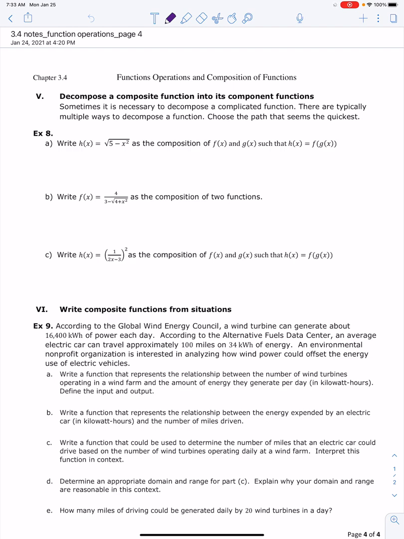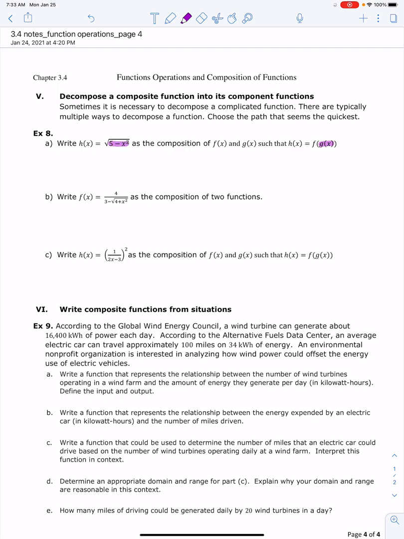Okay. So part 5 here, decompose a composite function into its component functions. This is kind of left up to you and your own devices. This could look very different based on how you write your functions, and that's okay. The best thing to do is try to separate into pieces that are different types of functions.